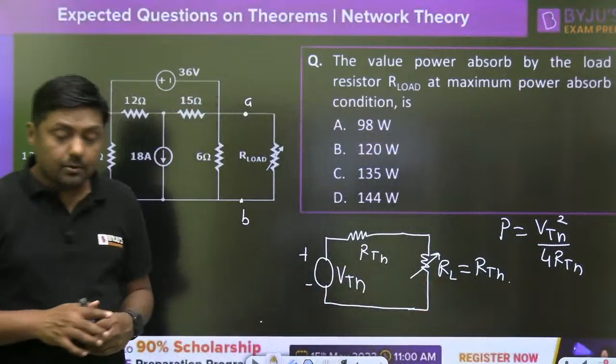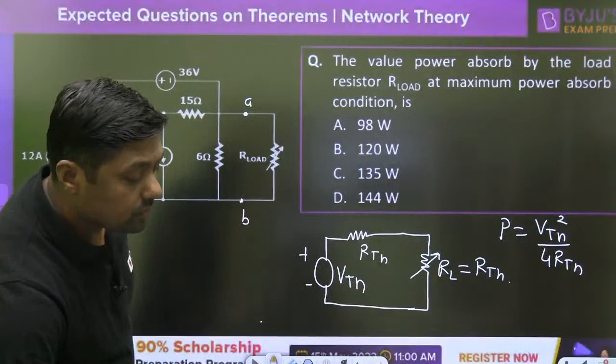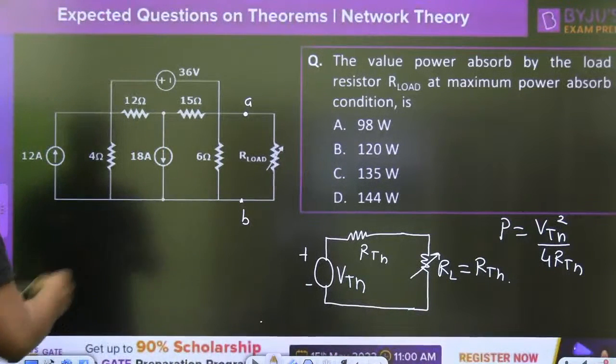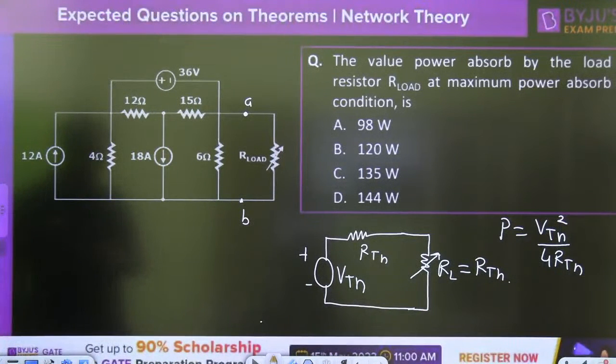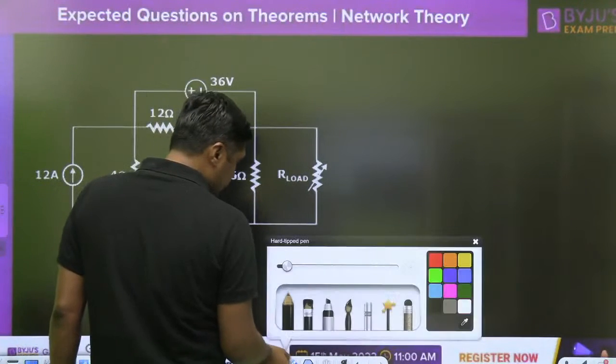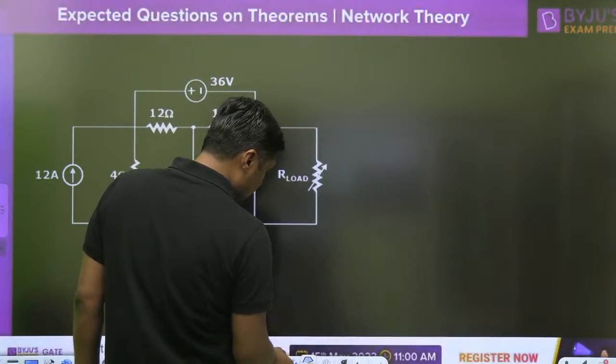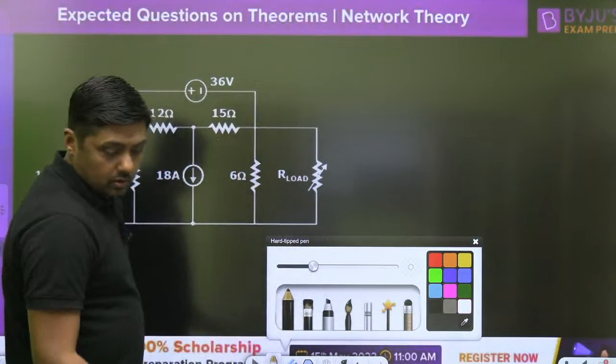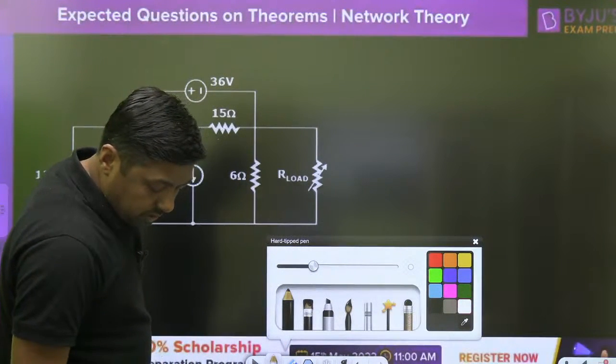Okay, so this will be your question. Now tell me, you have to find the VTH and RTH. I am giving you the hint how to solve. First of all, remove this, remove this.